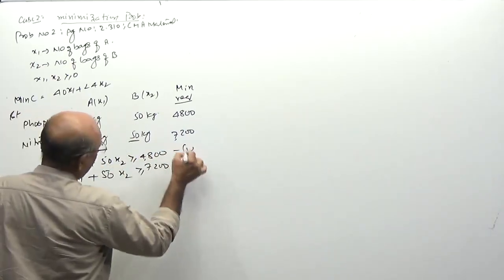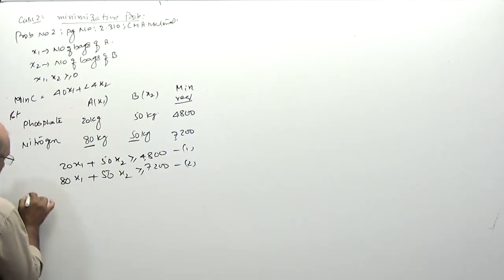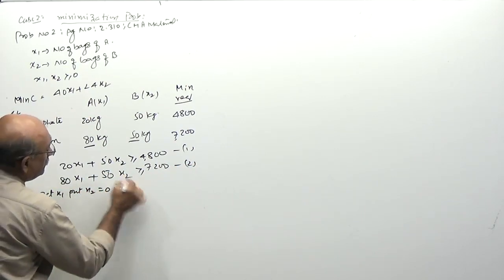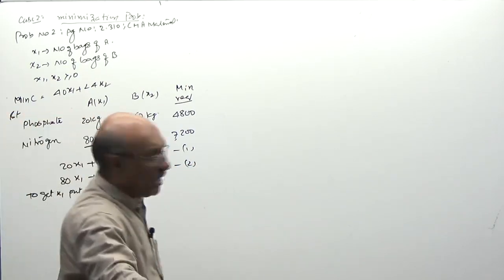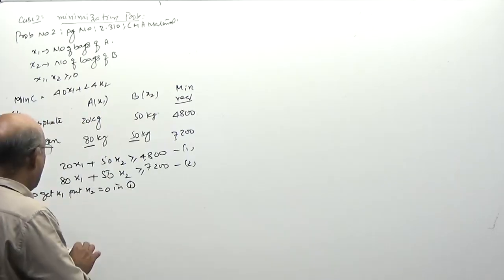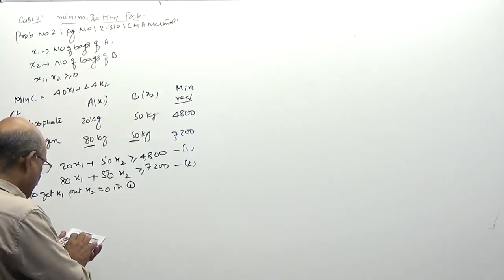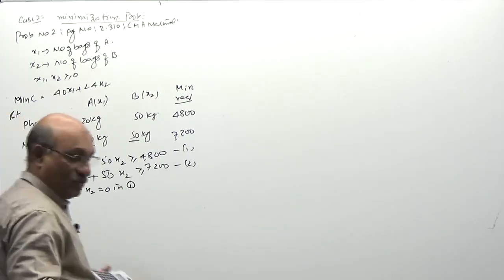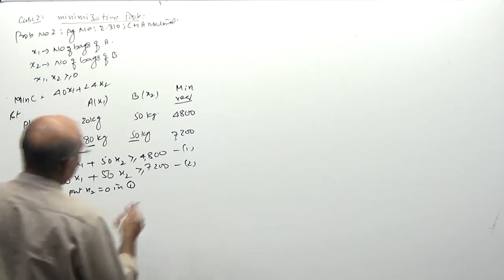Call this 1 and this 2. To get X1, put X2 equal to 0 in 1. So 4,800 divided by 20 is equal to 240.